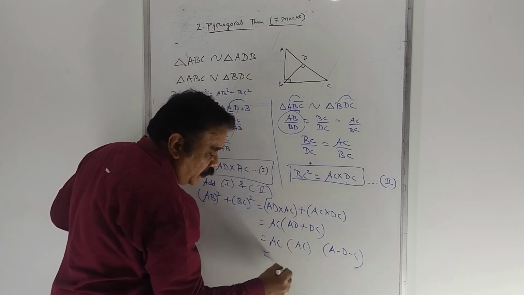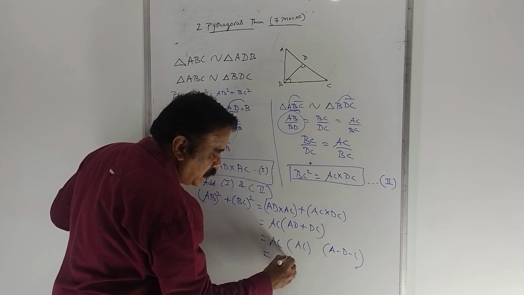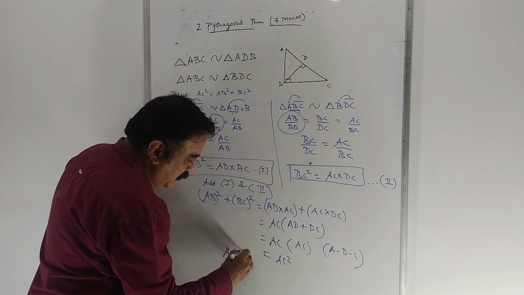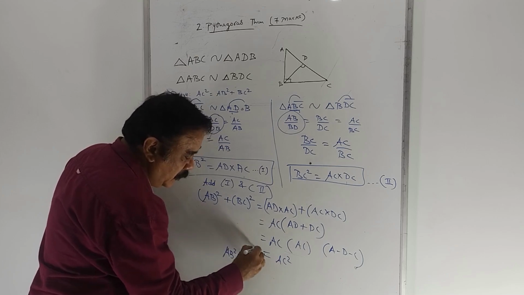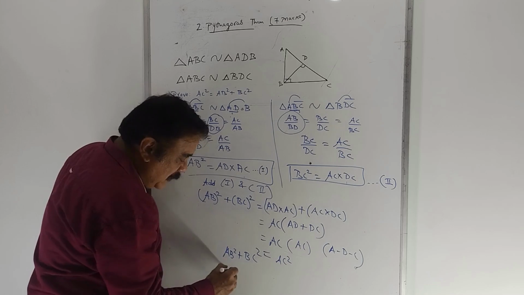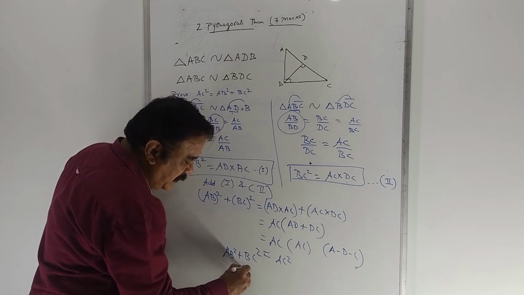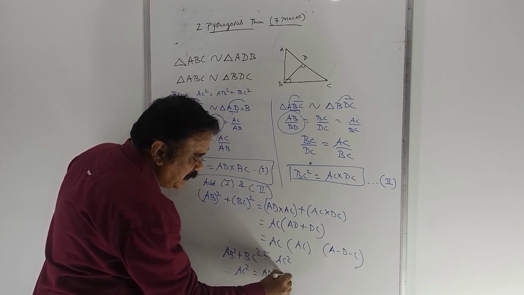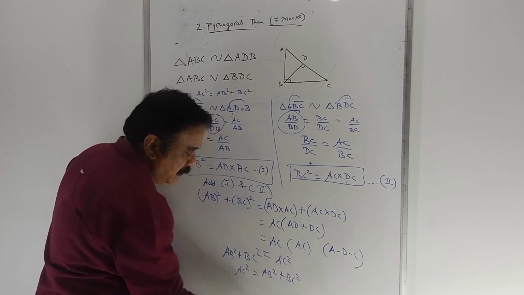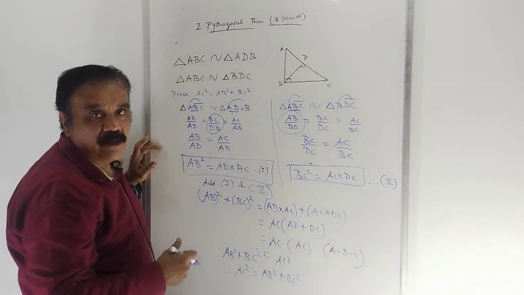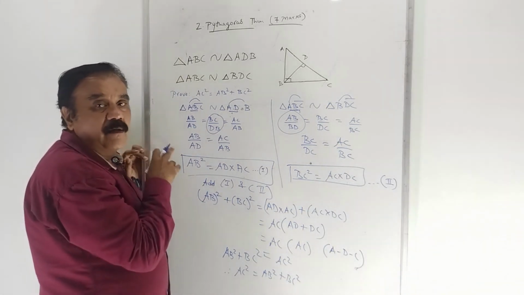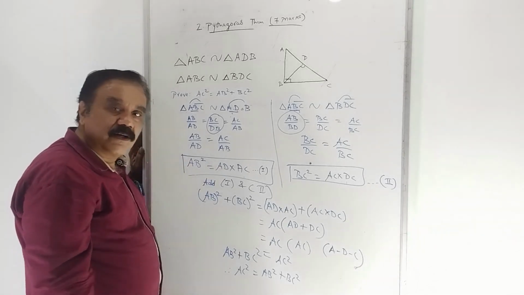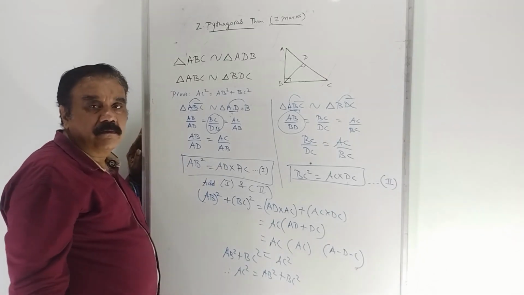That is AC into AC will give me AC square. And what is this? AB square plus BC square is equal to AC square. So that you can write again, AC square is equal to AB square plus BC square. See here children, how easy it is to prove Pythagoras theorem. Now see, all these theorems, first, second and third, all are interconnected. Understood? That is how you do.